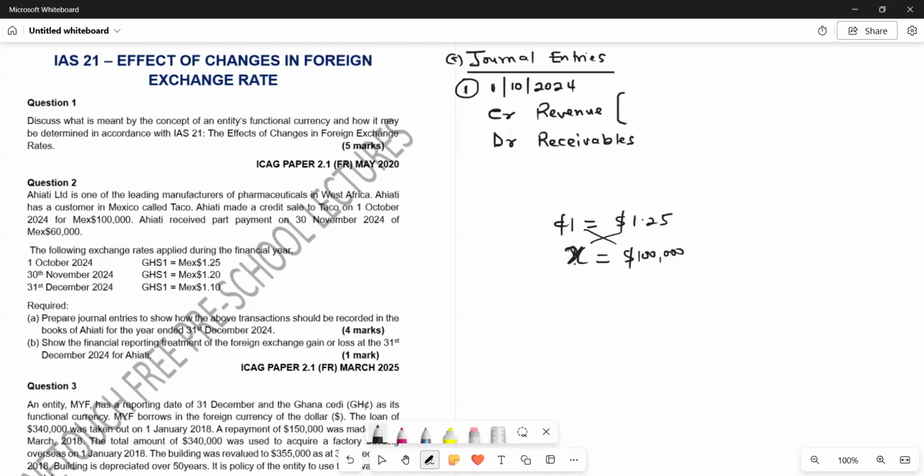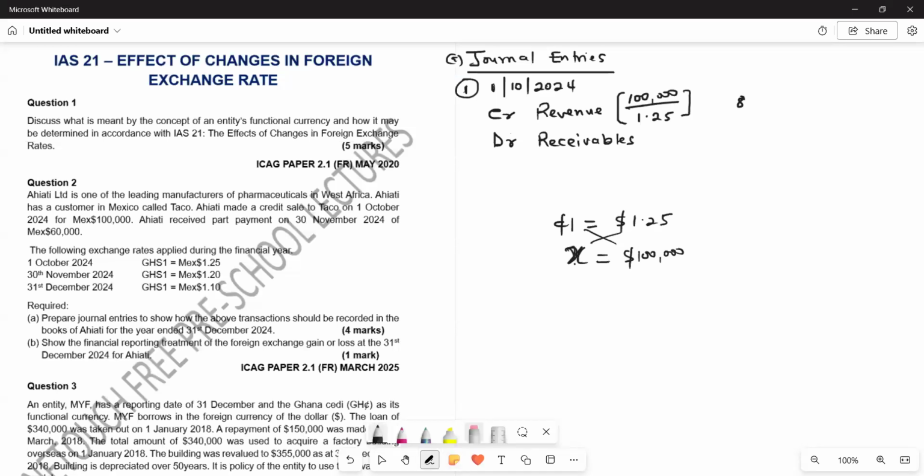Divide. Do you all agree? Yes. So X is equal to 100,000 times 1 over 1.25. Is that not it? So we write 100,000 divided by 1.25. So that will give us how much? 80,000.